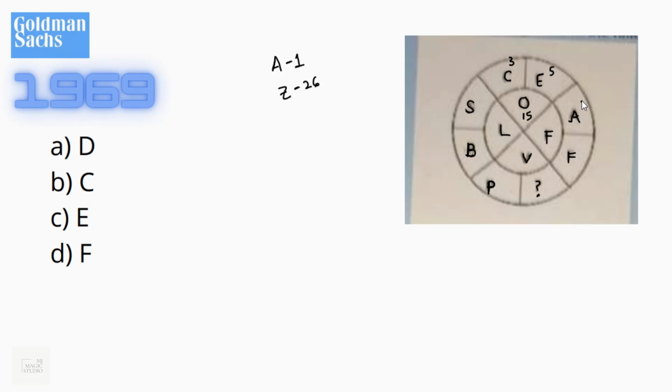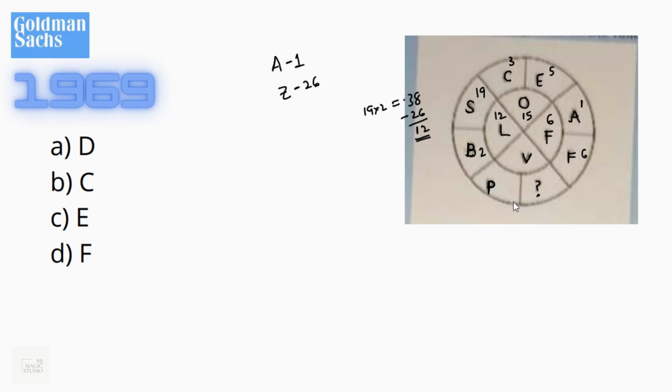A is 1, F is 6, 1 into 6 is 6, fitting in. S is 19 and B is 2. So 19 into 2 is 38, and if we divide that by 26, we are left with remainder 12, and yes, L is 12.